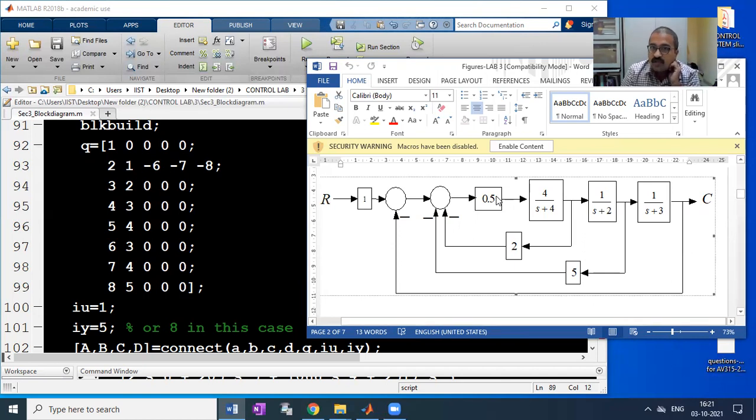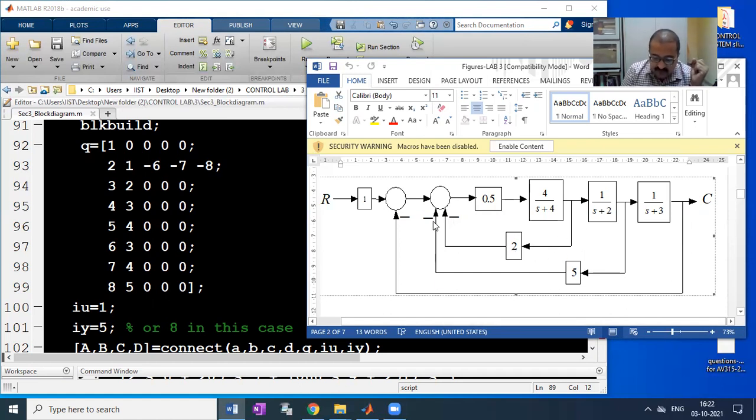Now coming to block number 2. Where are the signals coming from? Here there are a total of 4 signal channels. For block number 2, the inputs are coming from block number 1, block number 6, block number 7, and block number 8. From block number 6, the signal is coming as negative feedback.